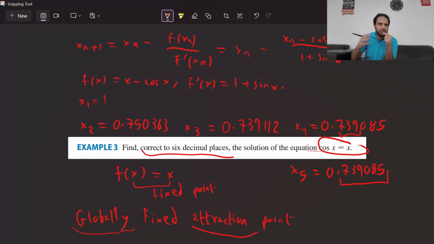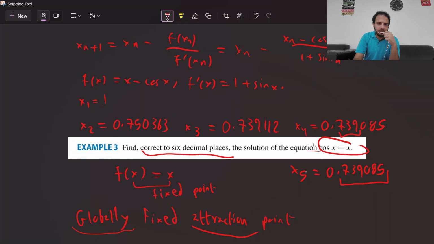I think I downloaded a PDF paper about this thing, but I don't remember all the details now. I also want to tell you that there is another method of solving equations, called the fixed point method.